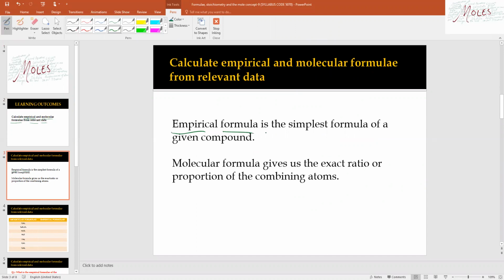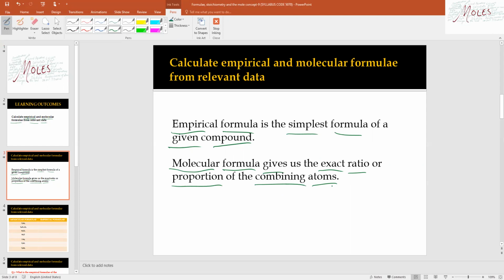Empirical formula is the simplest formula of a given compound. Molecular formula gives us the exact ratio or proportion of the combining atoms. Empirical formula gives us simplest combining ratio of different atoms.